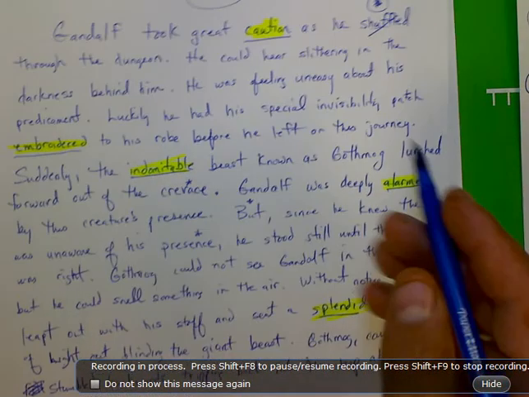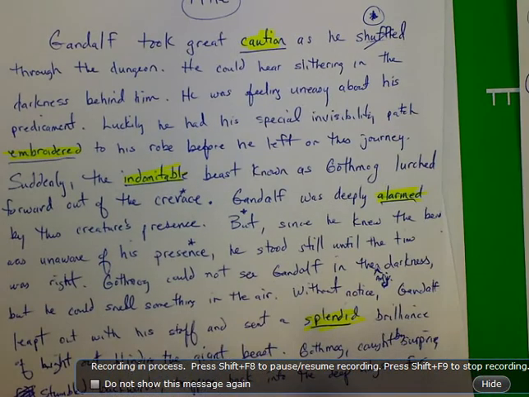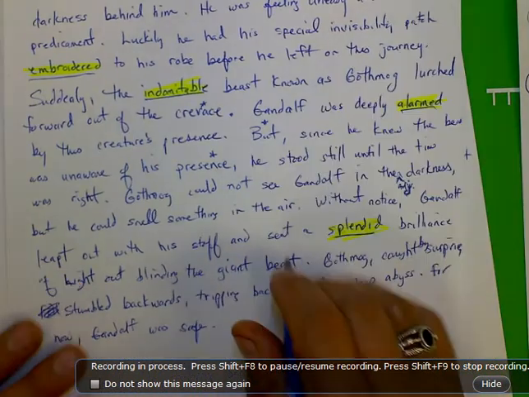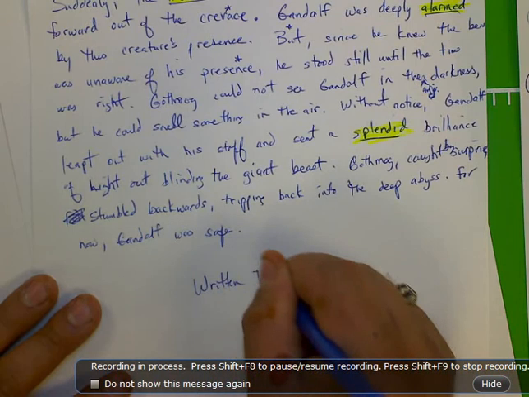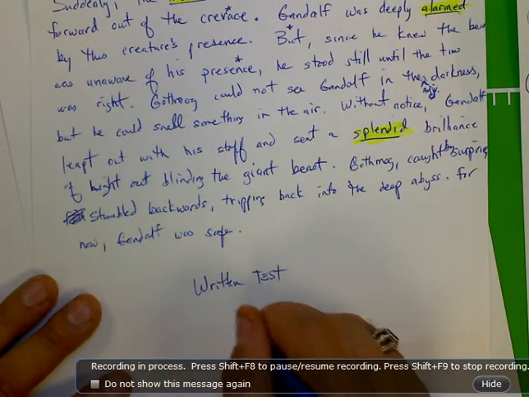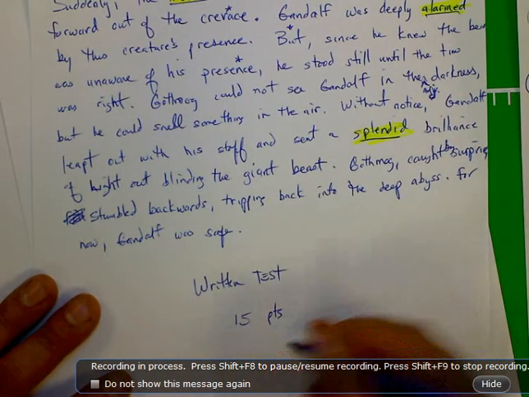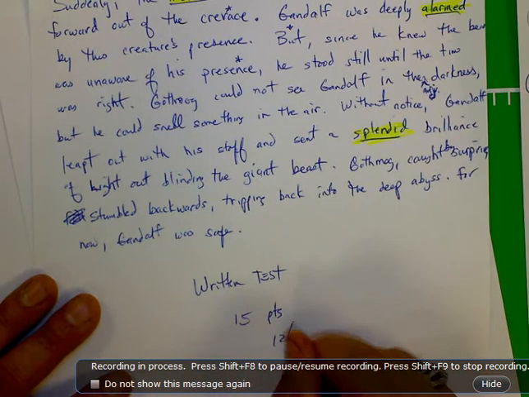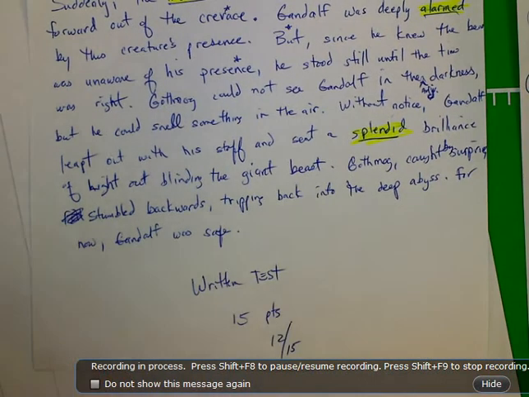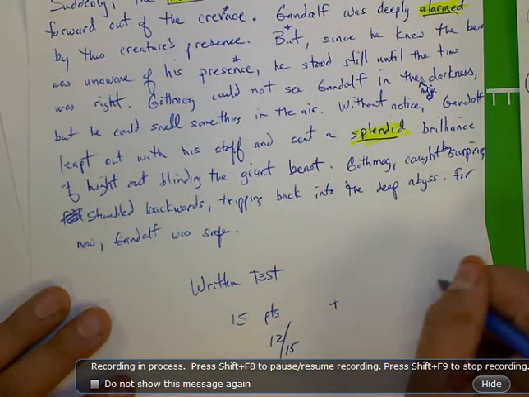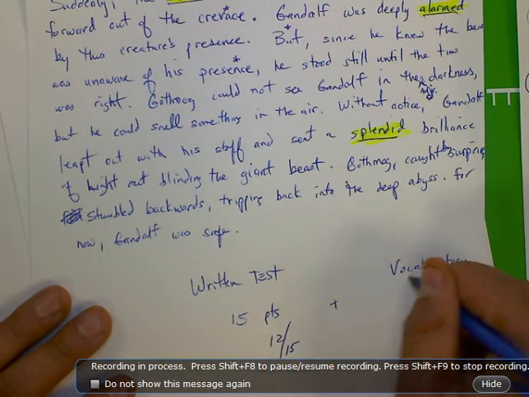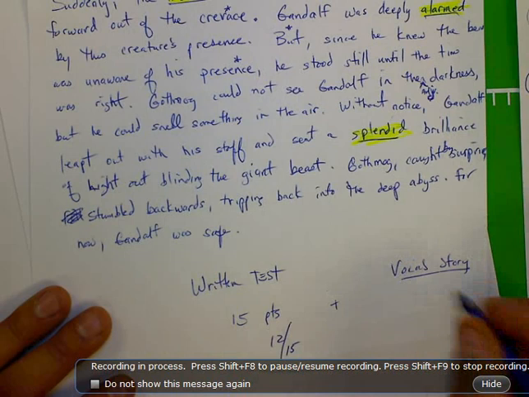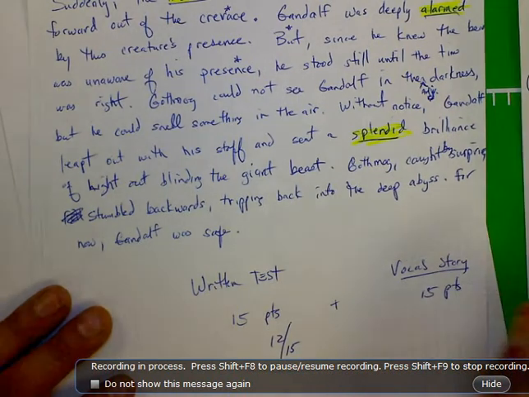Because a story like this, if the written test was, say, 15 points, and you got, let's say, a 12 out of 15. Normally, that would be, what, a B minus, somewhere in that range. But remember, this gets added to the vocab story. So if this is 15 points, then that means this has to be 15 points this week as well, because it's 50%, 50%.